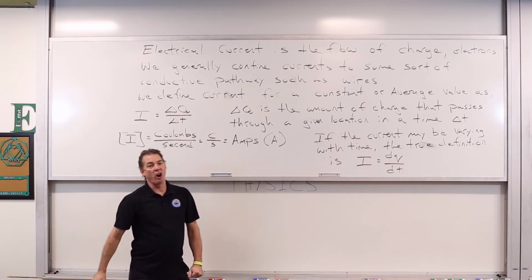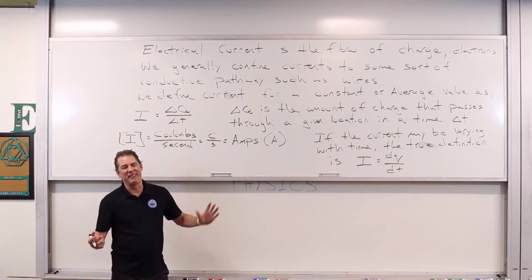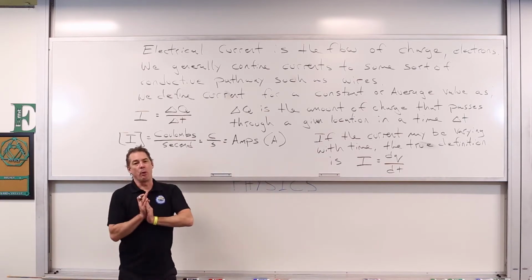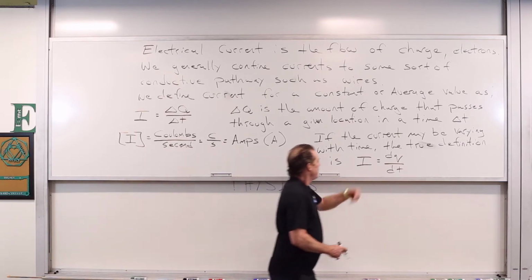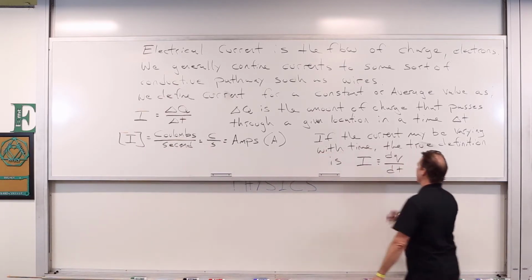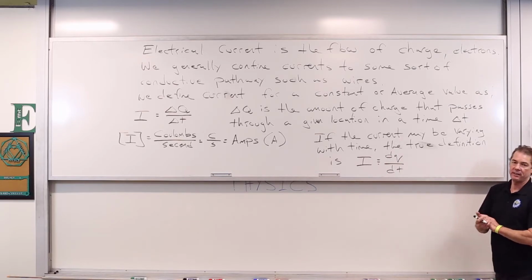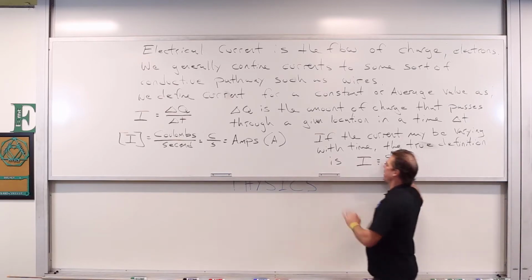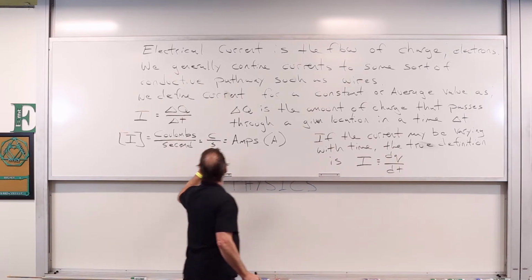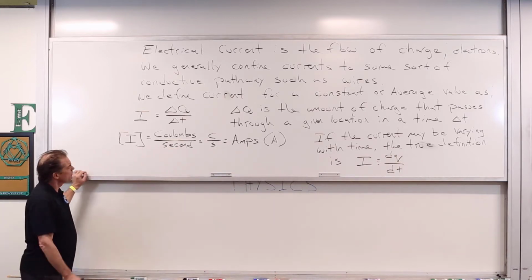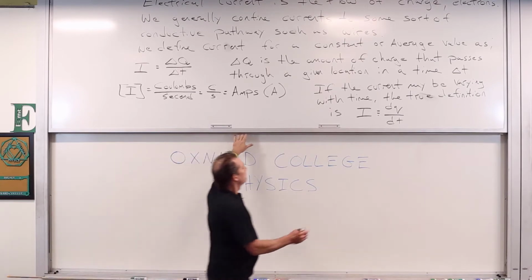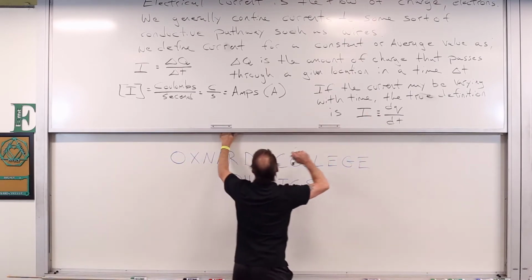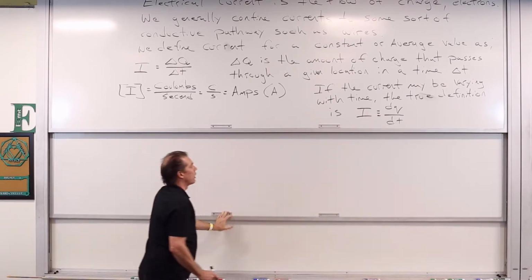The rate at which charge changes with respect to time, and that is at a given point in a wire or a circuit or something like that. So this is actually the definition of current, dq dt, time rate of change of charge. I'm not doing calculus, don't worry about this. A lot of times we'll be dealing with constant currents anyway, but here and there we may invoke that. That's what we've got going on.